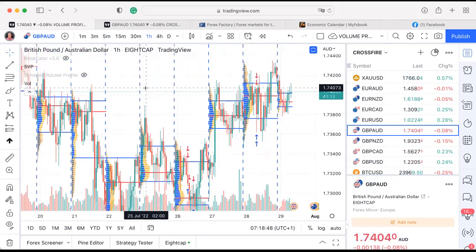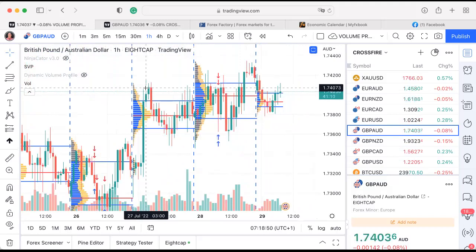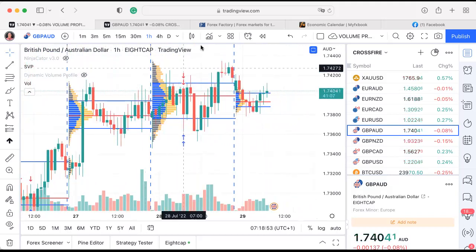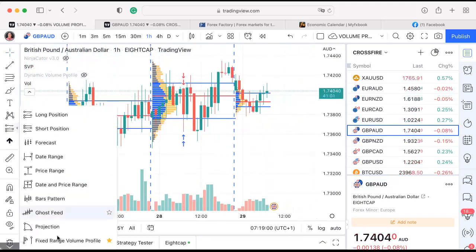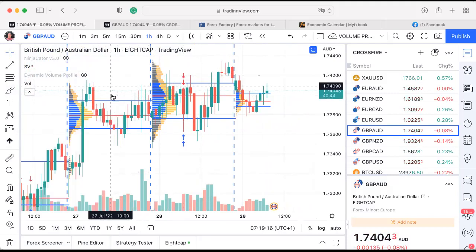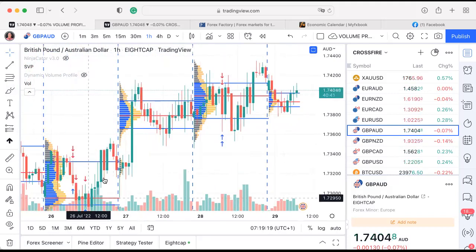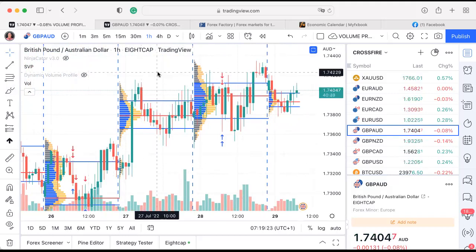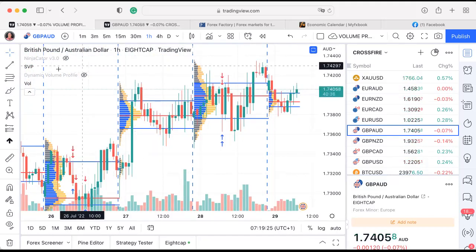So I find that handy. But if you just want to do the session volume, you can go to indicators. You can find that on the fixed range volume profile. You get that with the free version of TradingView. With that one, you choose your own range. So you can either choose a full day, or a week, or one of the big moves. You could go from the bottom to the top, and you can play around with a fixed range volume profile. But the one I've got on screen at the minute is session volume profile.